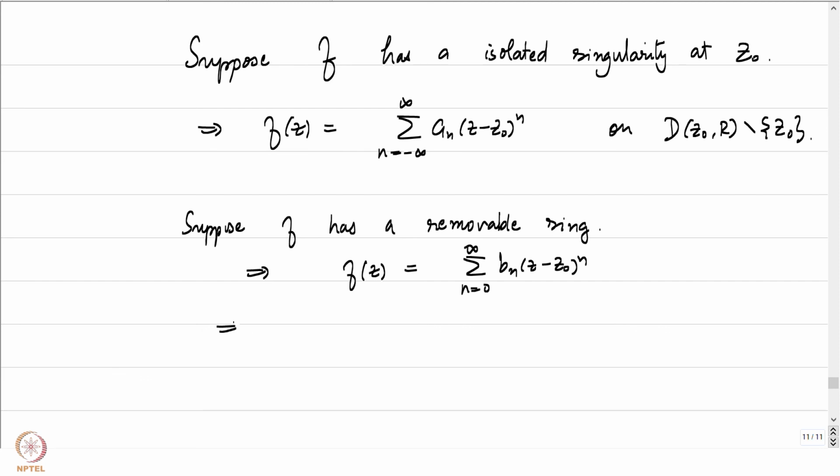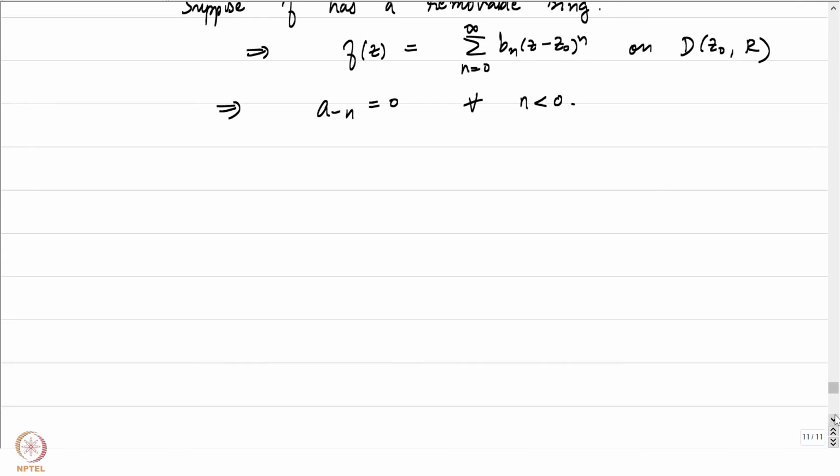That tells us that a_{-n} in the Laurent series expansion, this is on D(z0, R), so in particular it's on D(z0, R) minus z0 as well. By uniqueness, we have a_{-n} equal to 0 for all n greater than 0, that is, a_n equal to 0 for n less than 0.